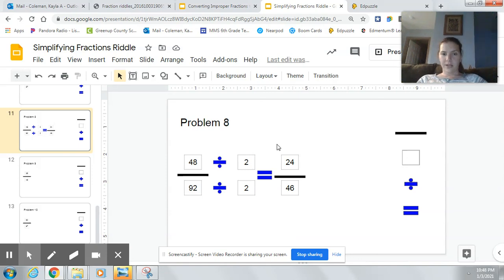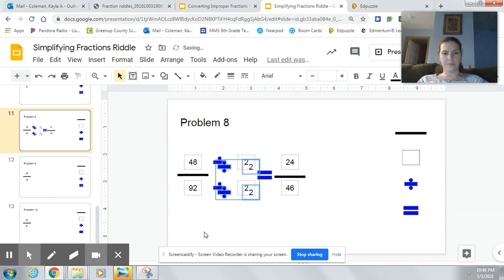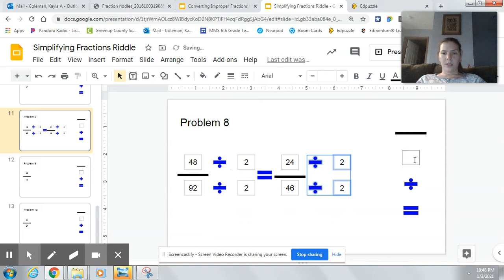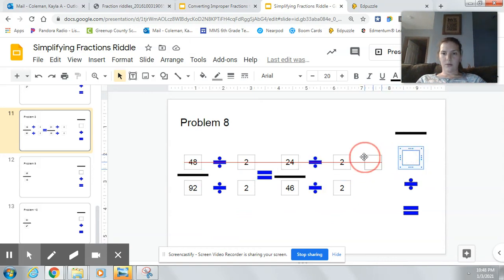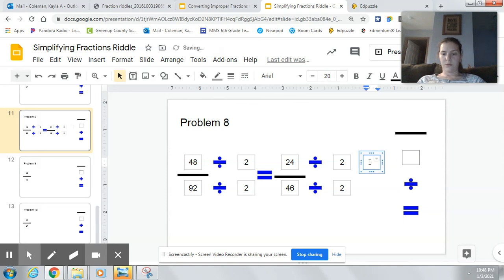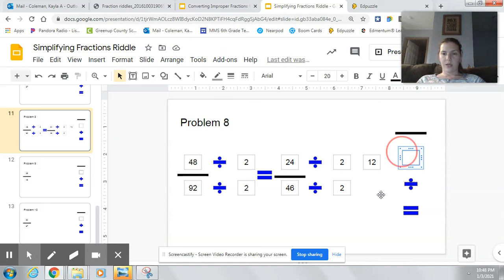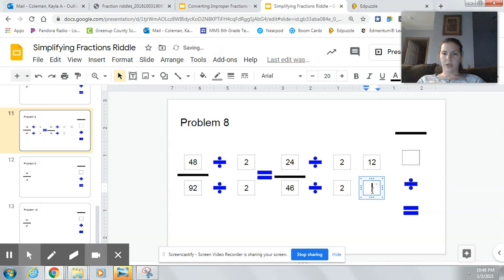So I'm going to divide by 2 again and see what we get. 24 divided by 2 is going to be 12. 46 divided by 2 is going to be 23.